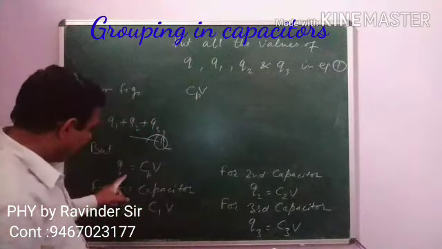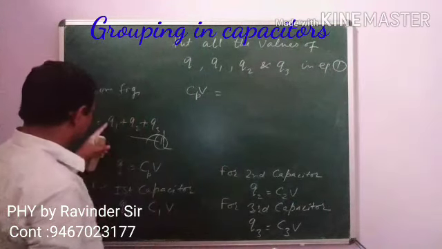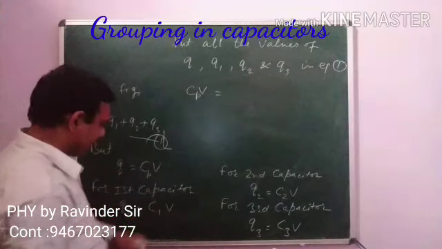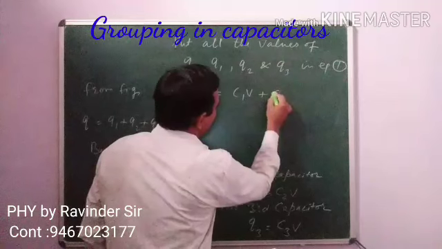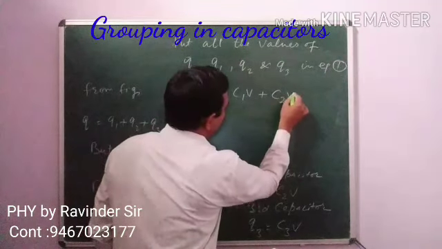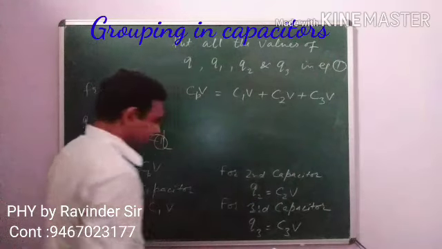Because Q is equal to CpV. Value of Q1 is C1V. For second capacitor C2V and for third capacitor C3V.